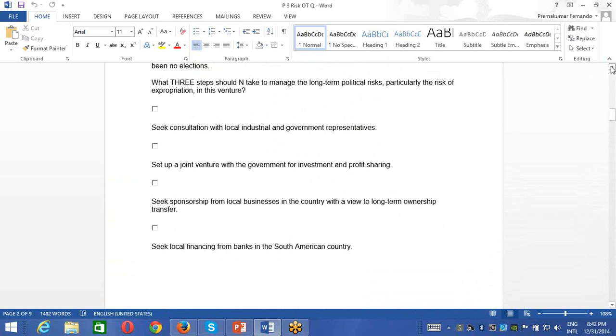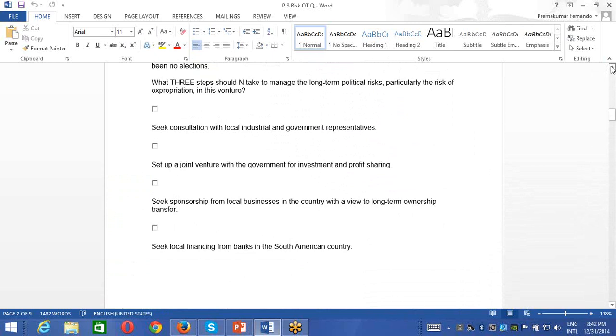So seek consultation, you do it before, right? So you can seek civic sponsorship from business in the country with a view to long-term ownership transfer. Yes, that is also possible. But one of the ways to reduce the political risk is to seek local funding. If you're coming to Sri Lanka and you want to do business, try to get some funding from Sri Lankan banks.